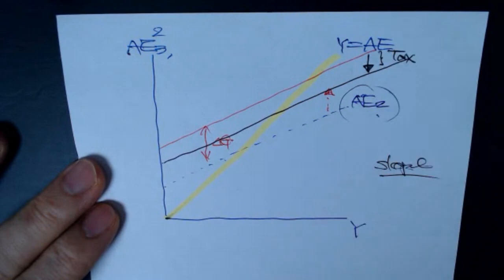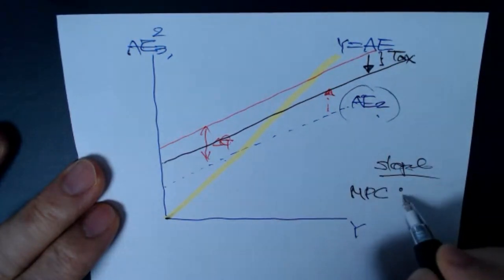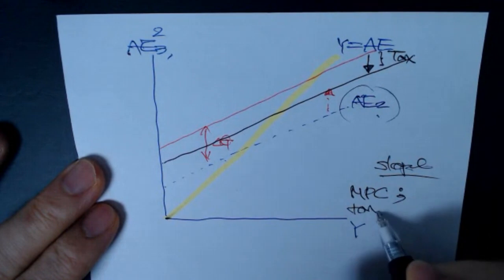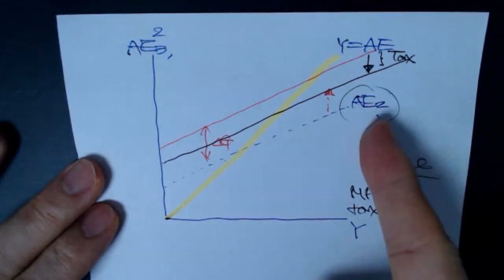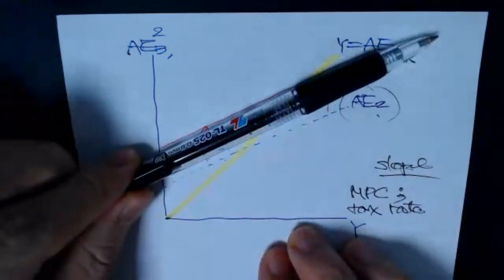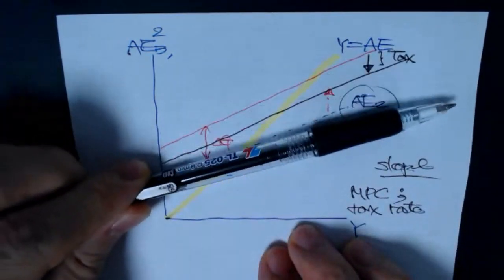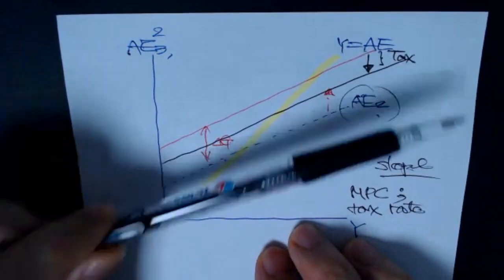Because the slope of aggregate expenditure depends on the marginal propensity to consume and the tax rate. So the tax rate makes this aggregate expenditure flatter, always flatter. I will show you why it should be always flatter.